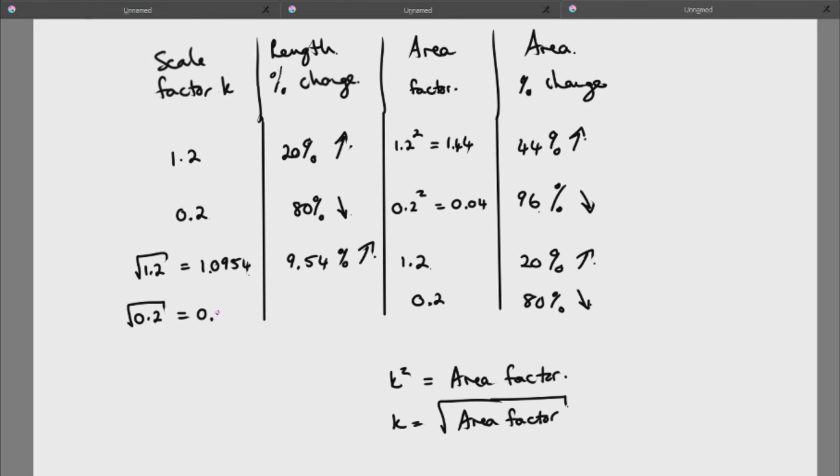Which is 0.4472. Oops, my 4 is ugly. And then I interpret that as a percentage. Looking at the difference from 1 down to that will be, I'll do it like this, 0.5528, but then I make it a percentage.